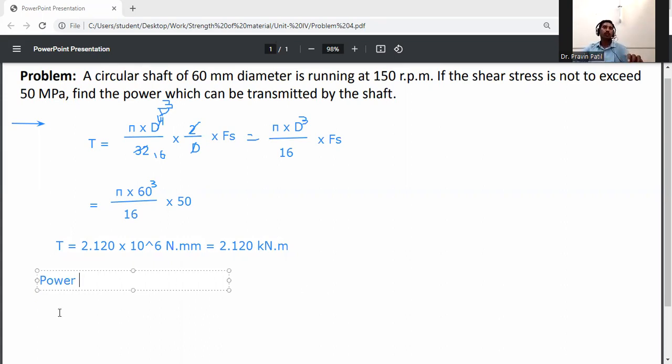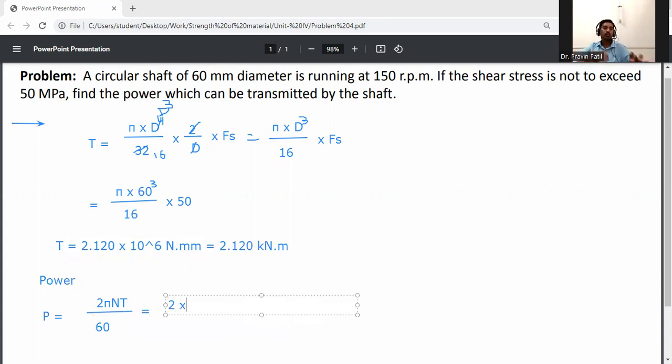Power is equal to 2 pi N T divided by 60. So this one is the power equation, divided by 60. Put all these values here.